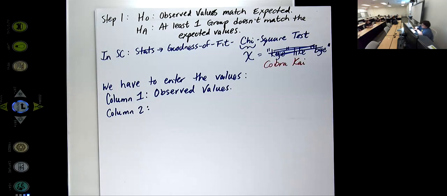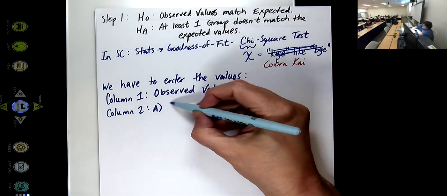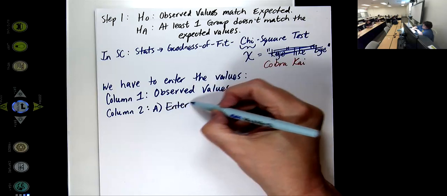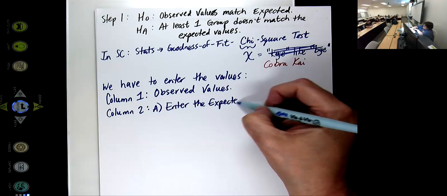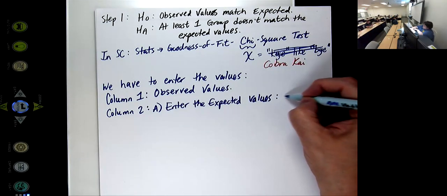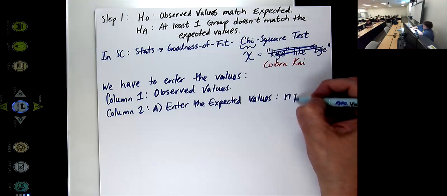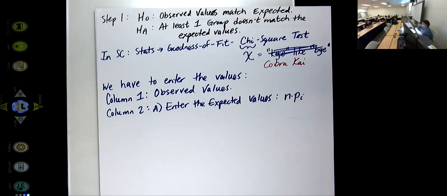You're gonna have 2 options for this. Option A: enter the expected values. This is where you're going to take the n and multiply it by each of the individual p's. You only have to do that if the p's are different though.